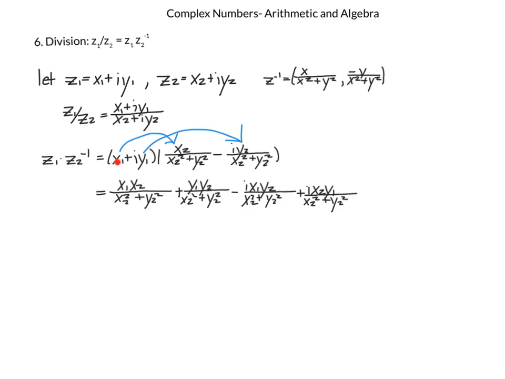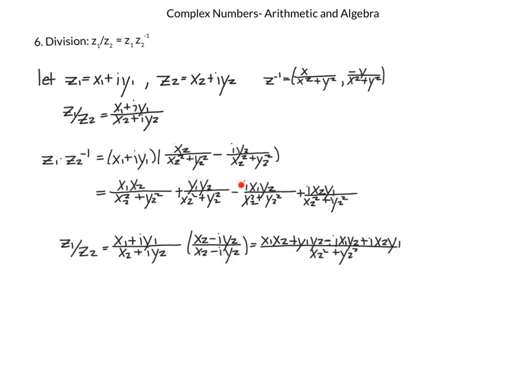And then I have my x1 times my i y2, which is over here. And then finally, I have my i y1 times x2 over x2 squared plus y2 squared.